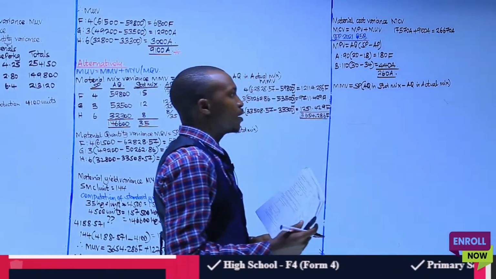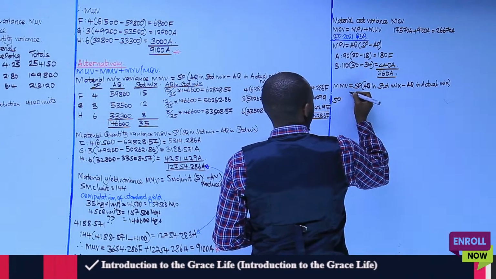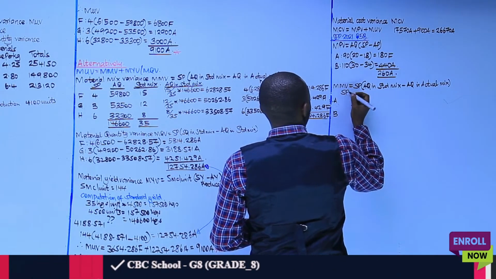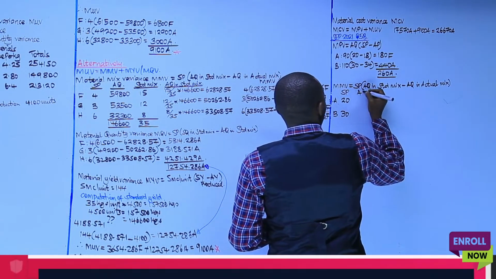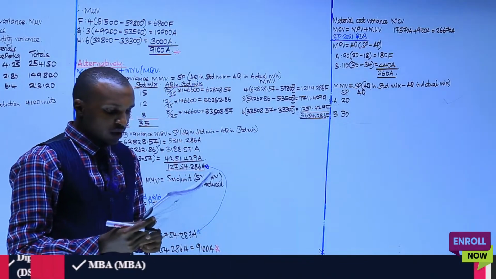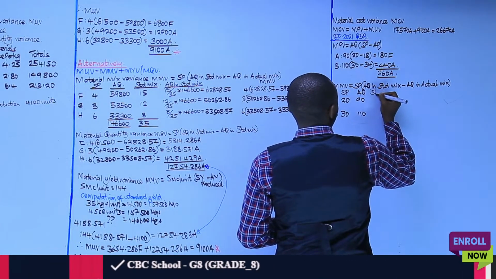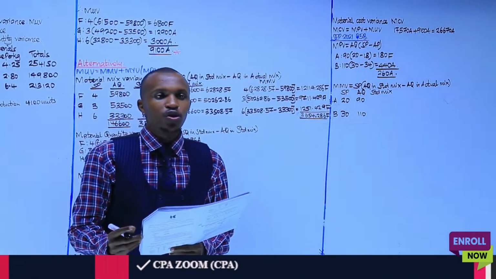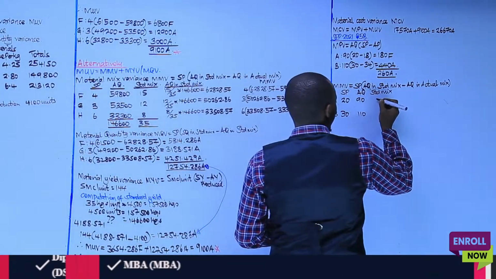The standard price of A is 20, B is 30. Your actual quantity that was used is 90 for A and 110 for B. Your standard mix, the ratio of how you are using your materials, is 40:60.